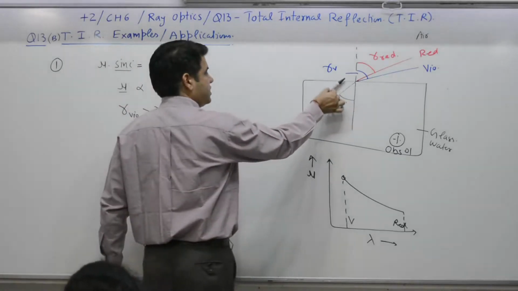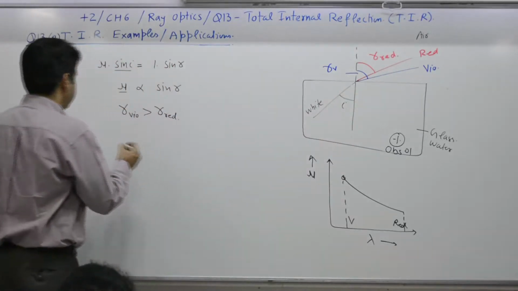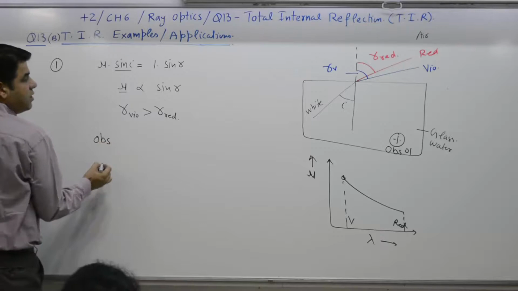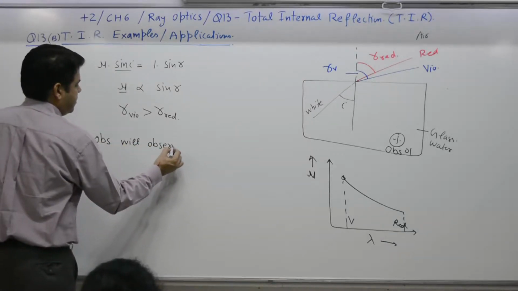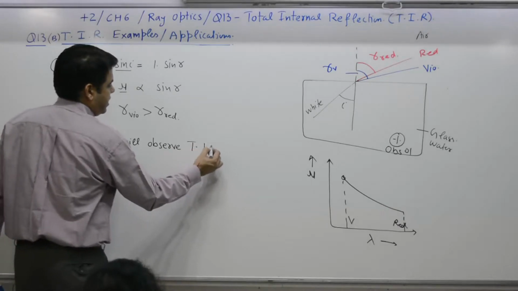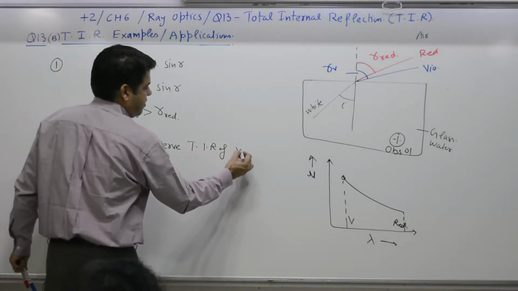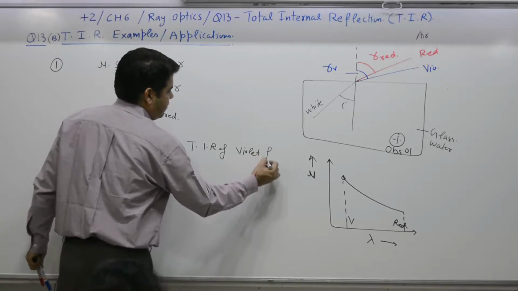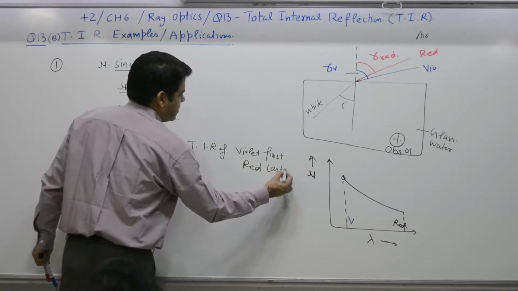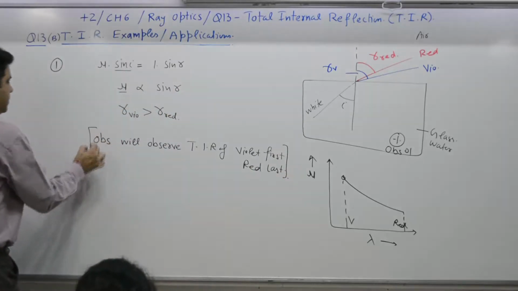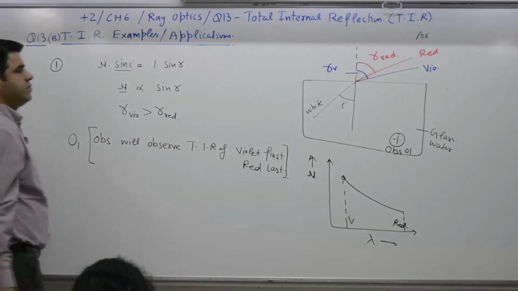If you keep on increasing this angle, observer 1 will observe TIR of violet first and red color last. This is observer 1, O1.